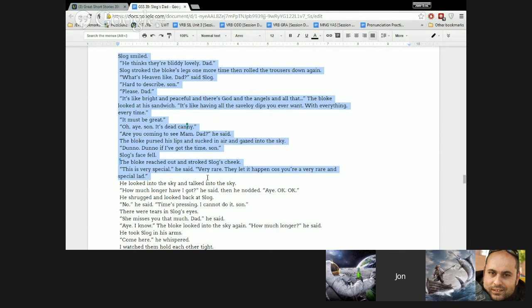They let what happen? Who let what happen? Just to be clear. Who let what happen, Odie? In the last line, he said, this is very rare, they let it happen because you're a rare and special lad. What's he trying to say? Who let what happen?